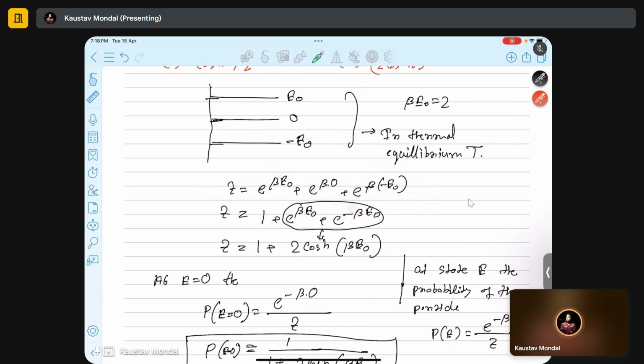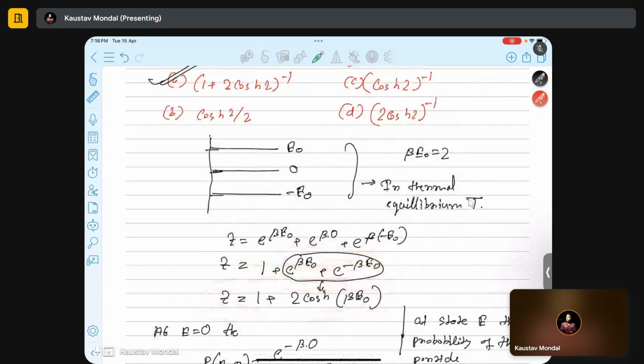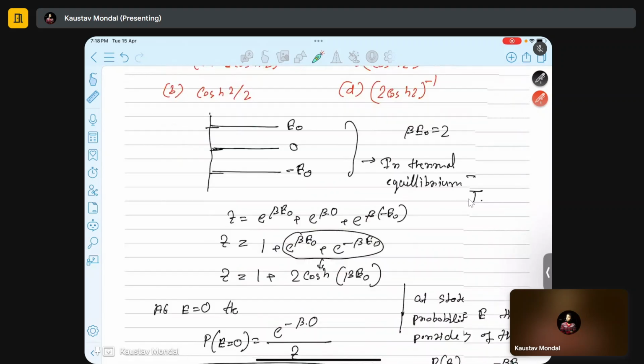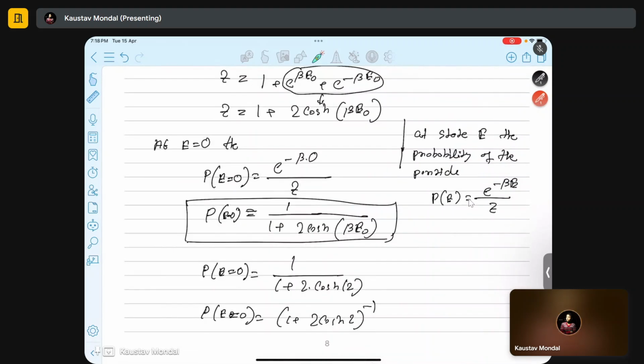We got Z equal to this because we used the expression given in the problem. Now, you already know that for this kind of problem, in thermal equilibrium, the probability to stay at any energy level is given by this formula. Now we have to put E equal to 0 here.